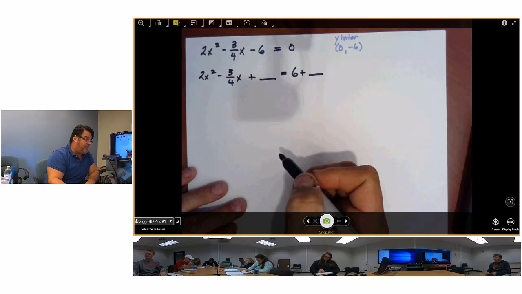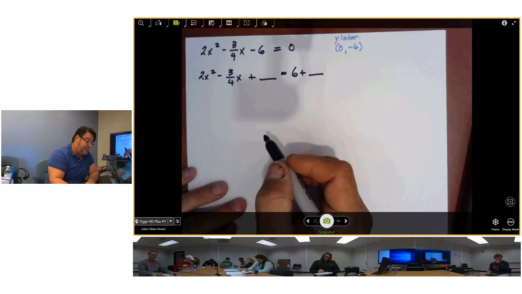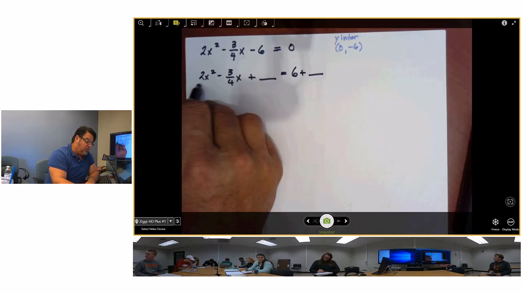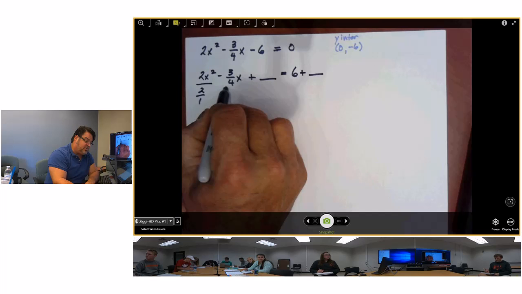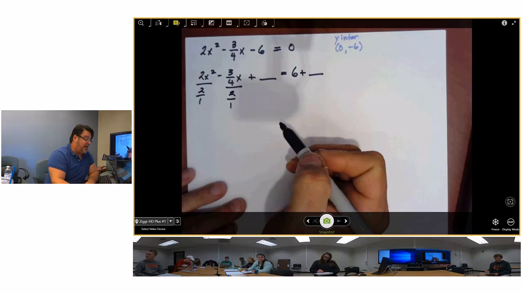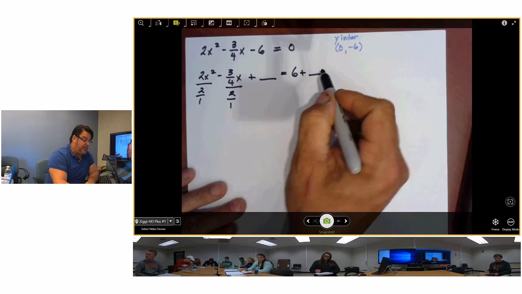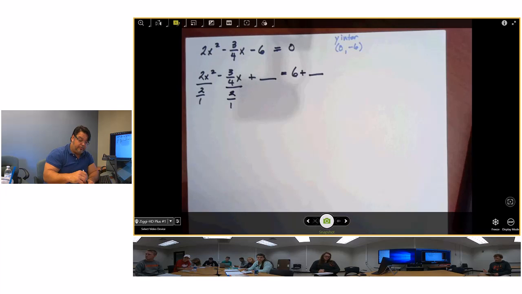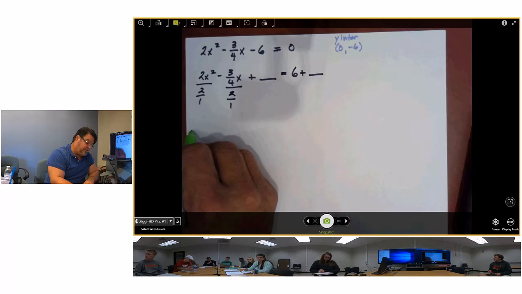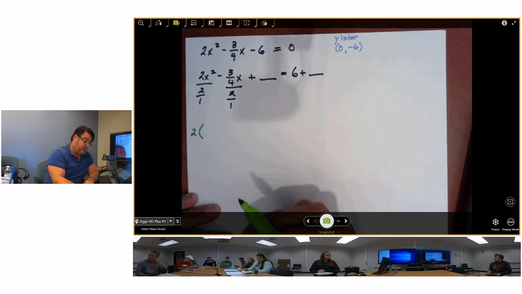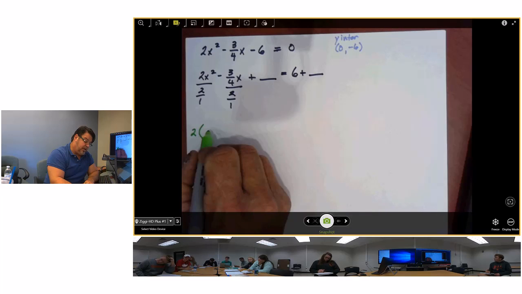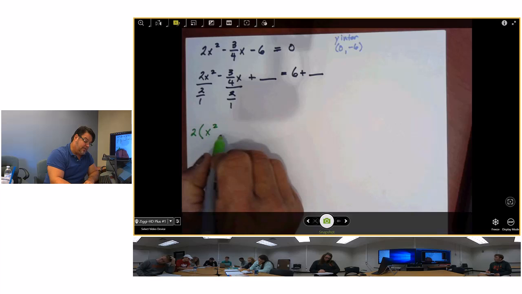I'm going to factor out a 2 over 1. So that means I'm going to divide this by 2 over 1, and I'm going to divide this by 2 over 1 when I factor. And I'm going to multiply this by 2. That means I'm dividing by 2. And that gives me x squared minus.